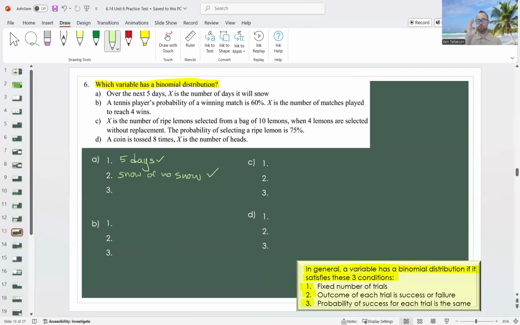We want to know if it will snow all of those 5 days. Is the probability of it snowing the same every single day? Absolutely not. That probability changes every day, right? So that is not going to work out. So A does not demonstrate binomial distribution.